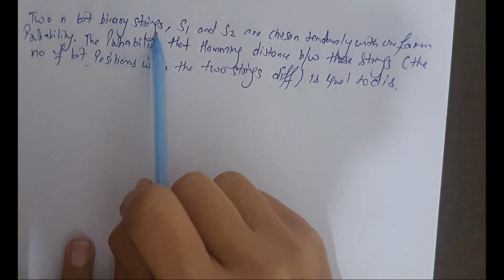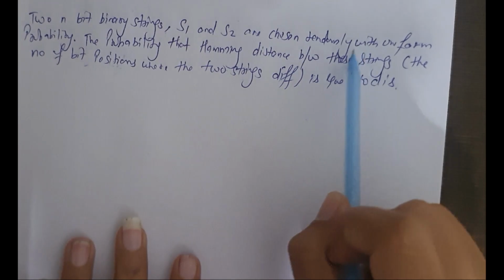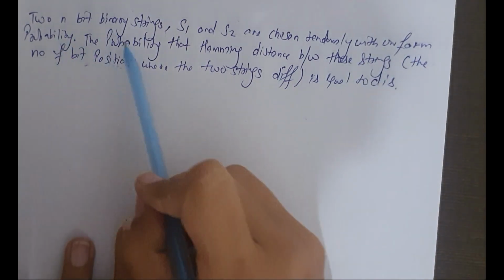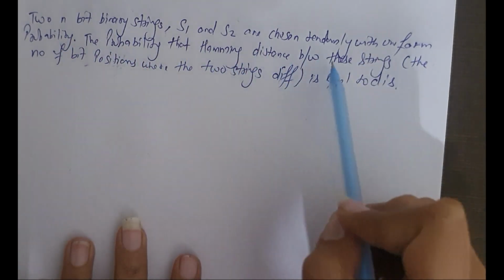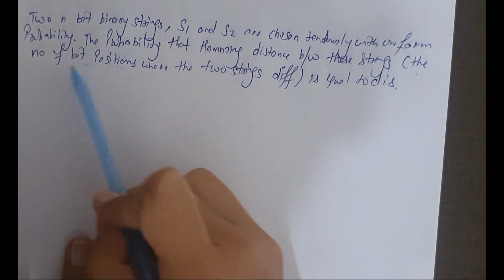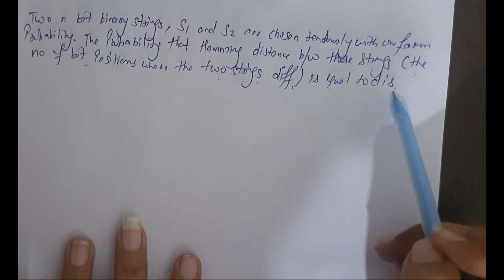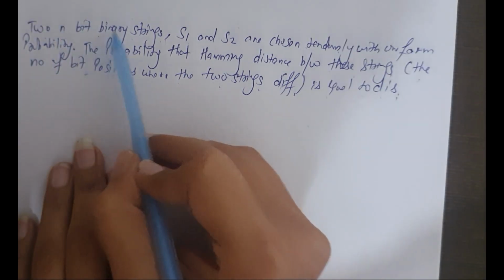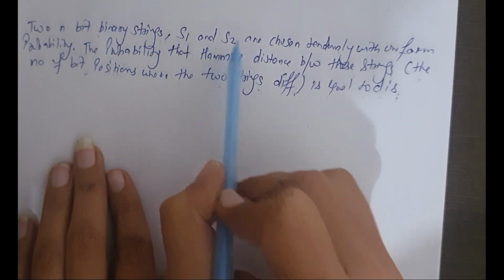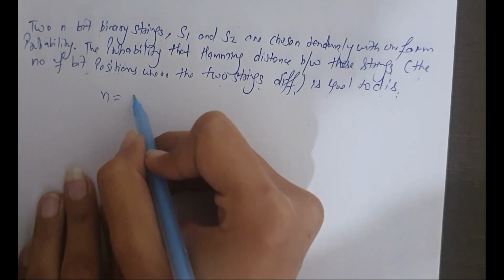2n bit binary strings S1 and S2 are chosen randomly with uniform probability. The probability that the Hamming distance between these strings, the number of bit positions where the two strings differ, is equal to D is... Here 2n bit binary strings S1 and S2 are given. Here n is 2.